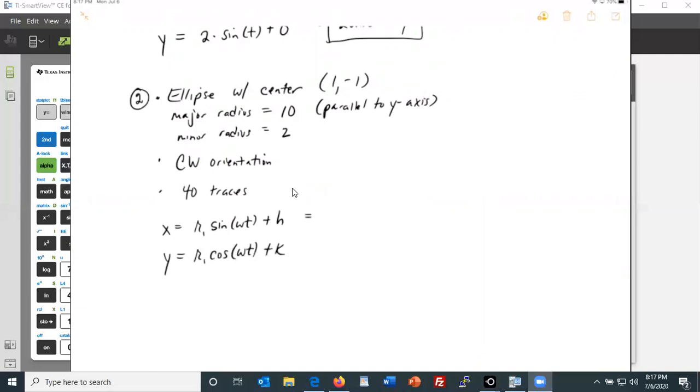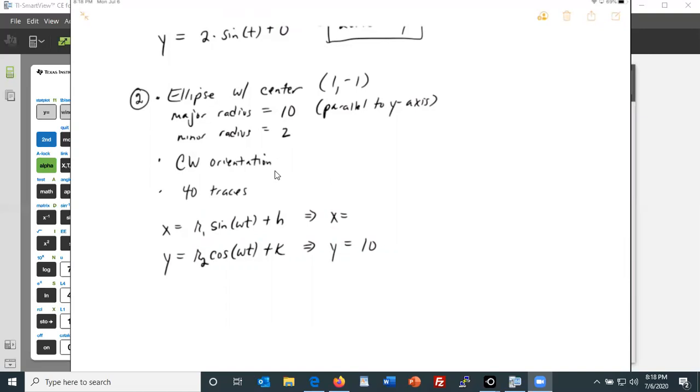So here we would have x equals and y equals. Let's start with the equation that contains the major radius. That would be the second equation, parallel to the y-axis. That 10 would go in the second equation there. Oops, that should be an R2.